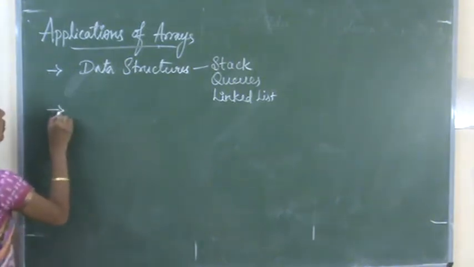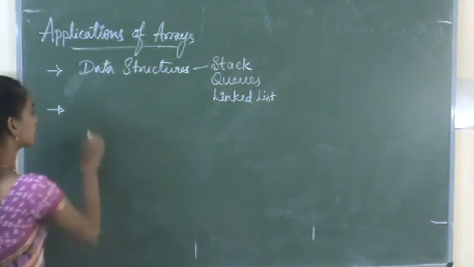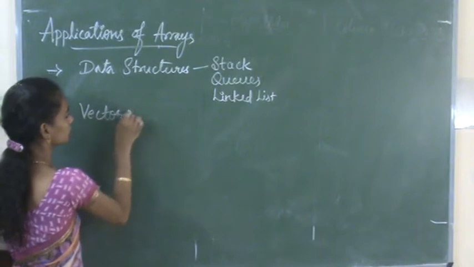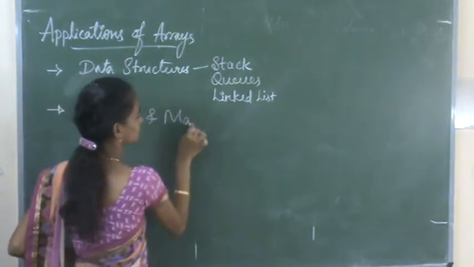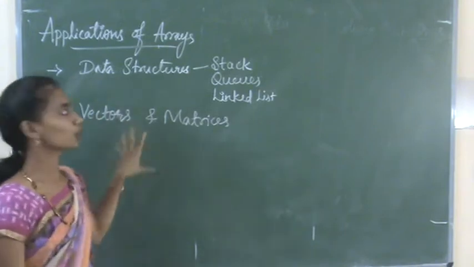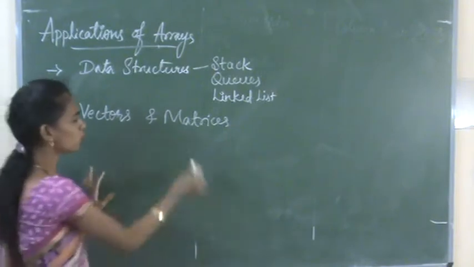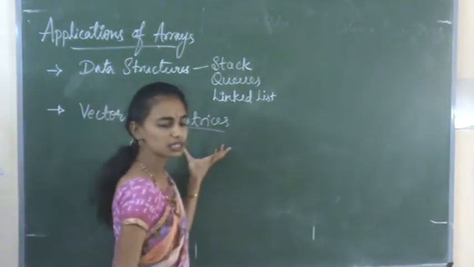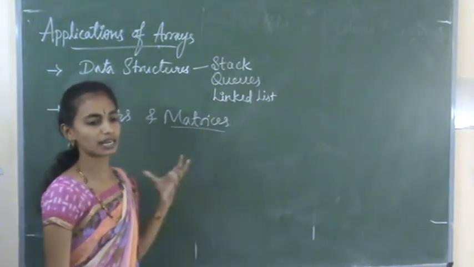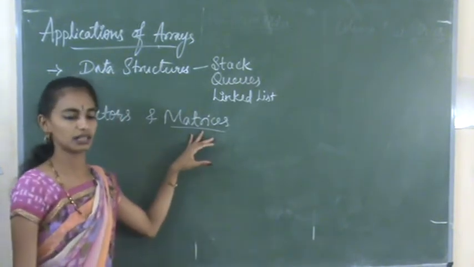So the second application is that array is used in mathematical vectors and matrices. You know matrix, right? So matrix means arranging the elements as a collection in rows and columns.